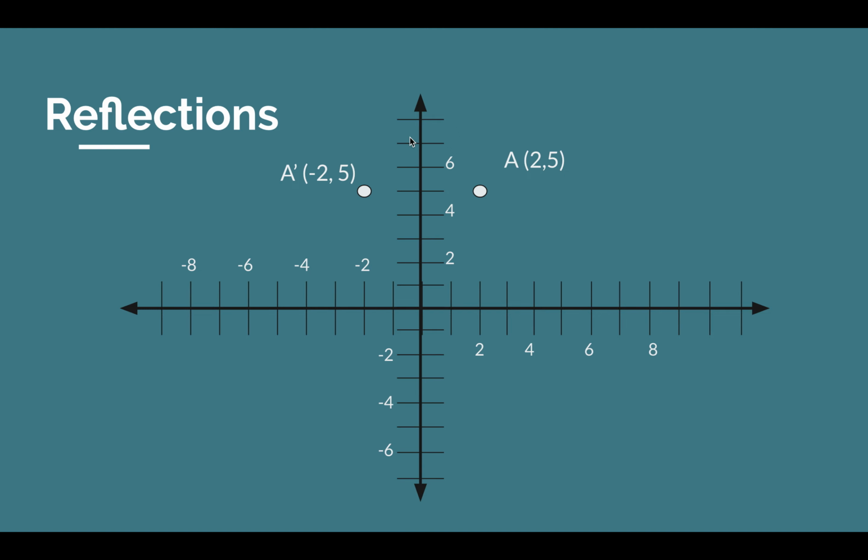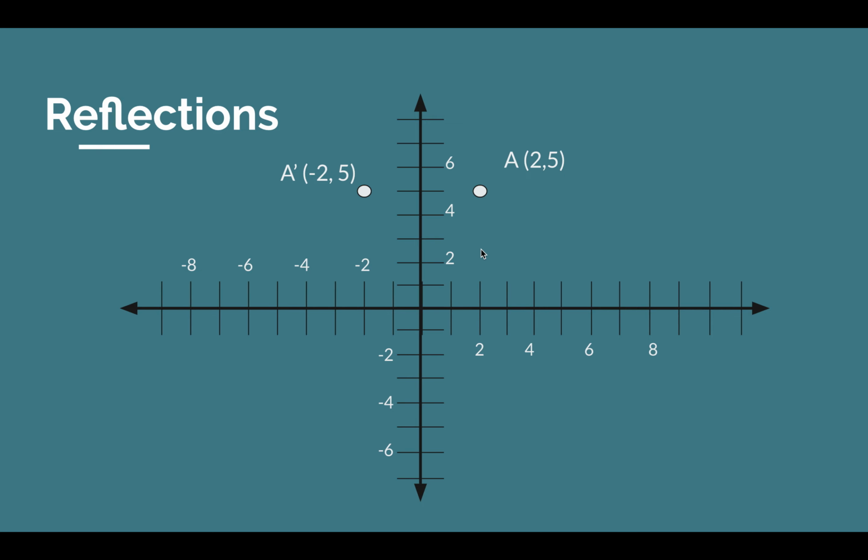If I instead wanted to reflect A over the x-axis, which remember is the horizontal side-to-side axis, I'm going to do the same thing except folding on the x-axis. So point A would end up the same distance but opposite direction from the x-axis.